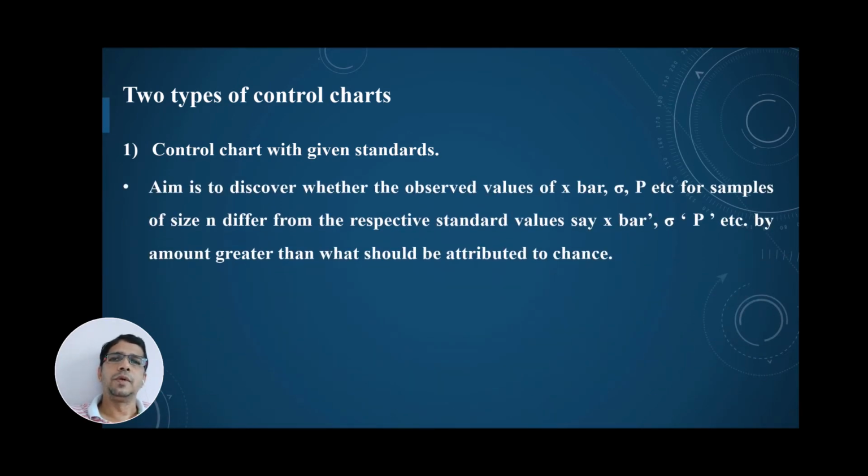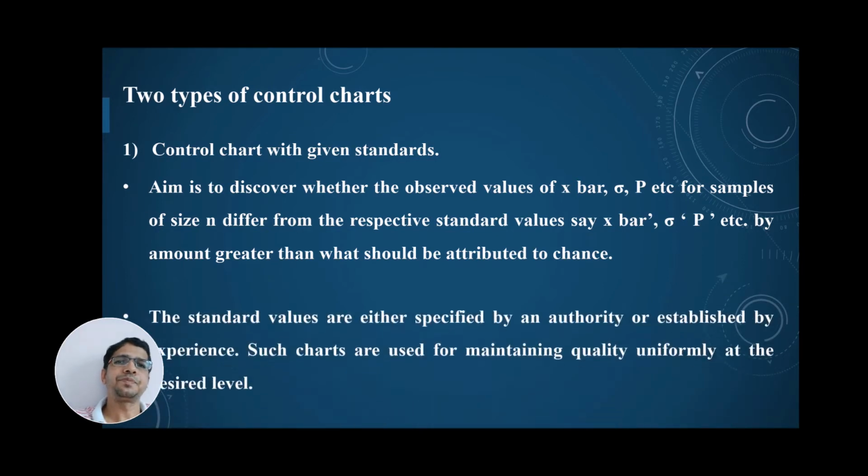That means our aim is to discover whether the observed values of, for example, x bar, sigma, p, etc. for a sample of size n differ from their respective standard values, for example, x bar dash, sigma dash, p dash, etc. by an amount greater than what should be attributed to chance.